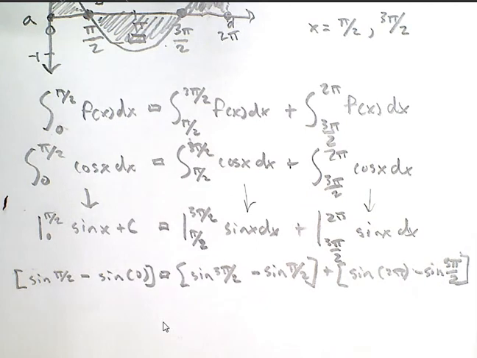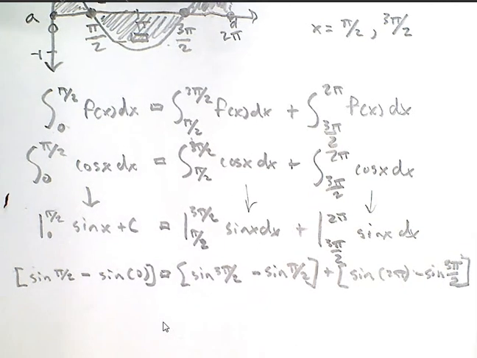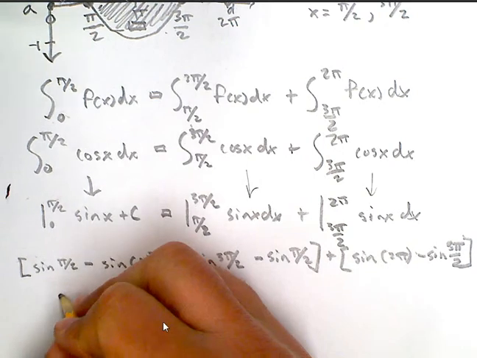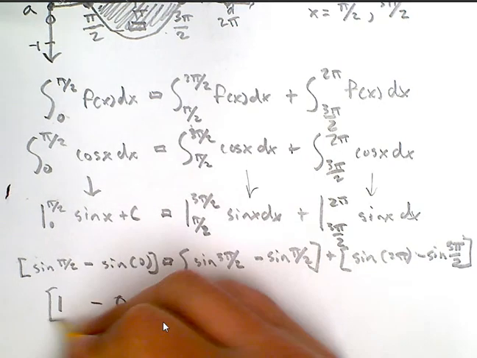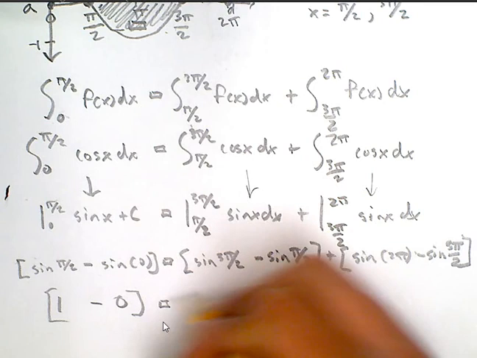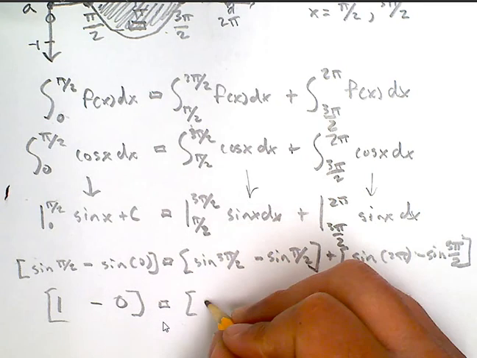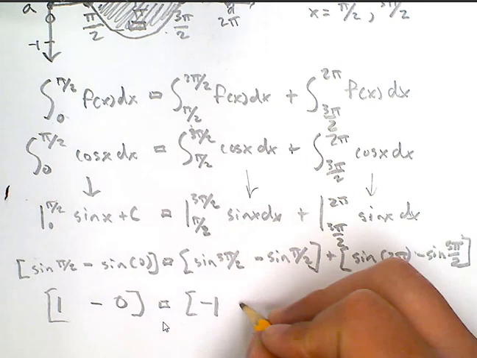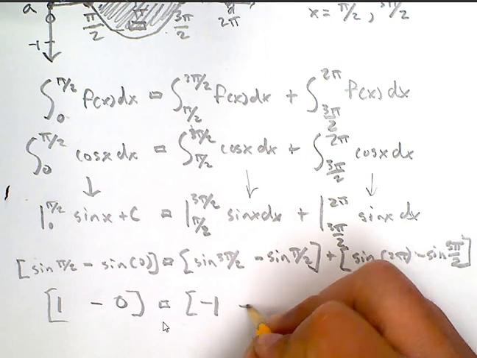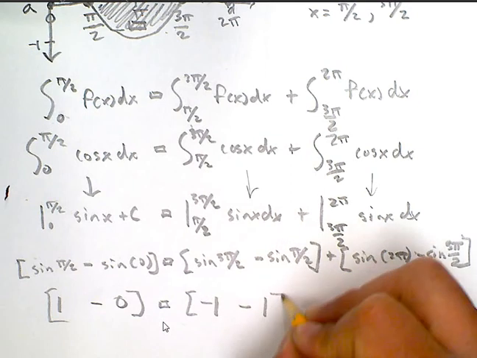Okay, so we got all that. Now what's sine of pi over 2? 1 minus 0. And that's it. And that's negative 1 minus 1. And that's that.